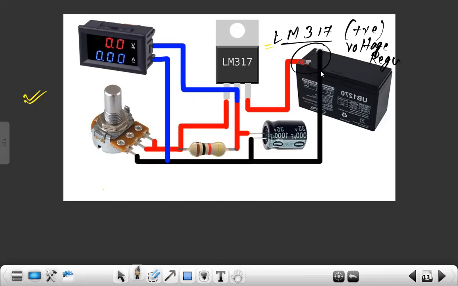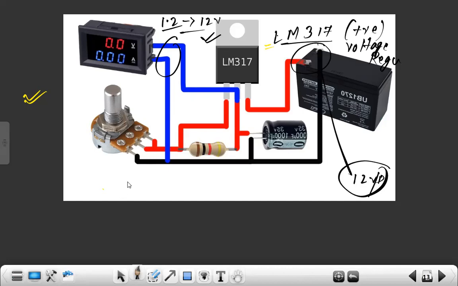From this DC, for example a maximum of 12 volt DC, by applying this we will be able to get an output from, say, 1.2 volt up to a maximum of 12 volt DC. So this is a variable DC power supply.